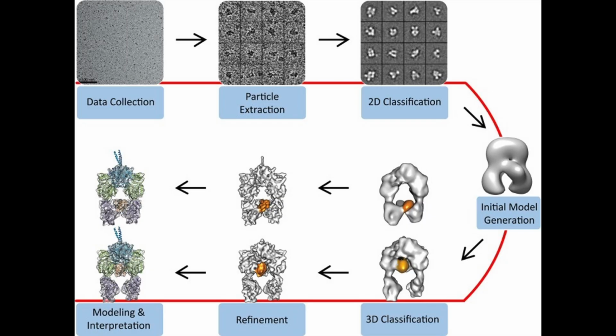From there, we tell the computer to do a 2D classification, which is one of the steps here. What you're telling the computer is, I want you to sort all of the particles you just gave me, the 8 million particles, into only 30 bins.